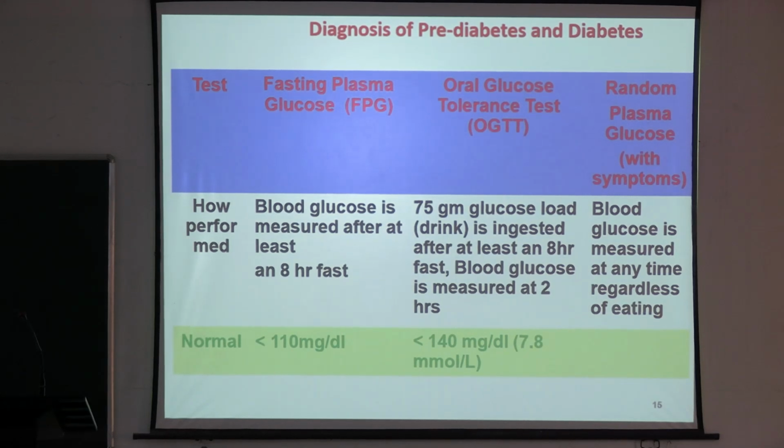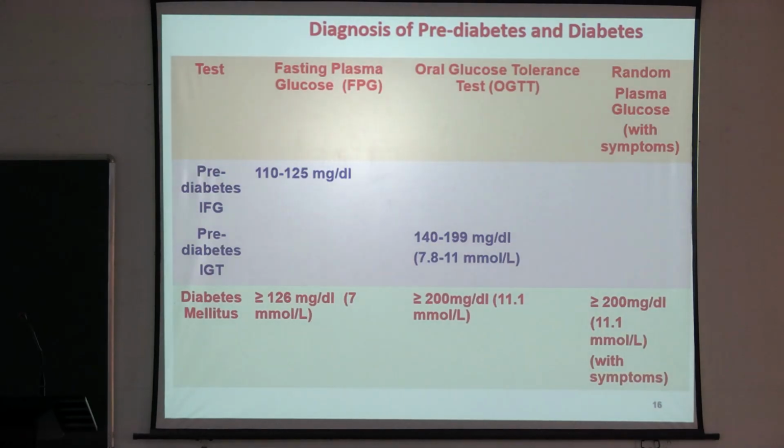Okay, anytime, whatever it is. So you have something called pre-diabetes and diabetes. For pre-diabetes, the fasting range should be between 110 to 125, and pre-diabetes IGT should be 140 to 199, in the oral glucose tolerance test.